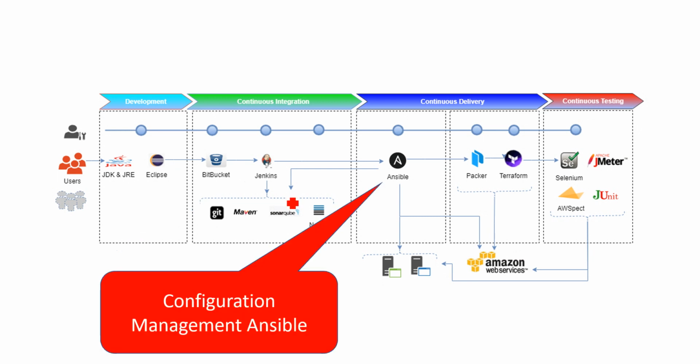After that, in the continuous delivery section, we have tools like Ansible, but Ansible is not the only option for configuration management. We have widely used tools like Puppet, SaltStack, and many more.